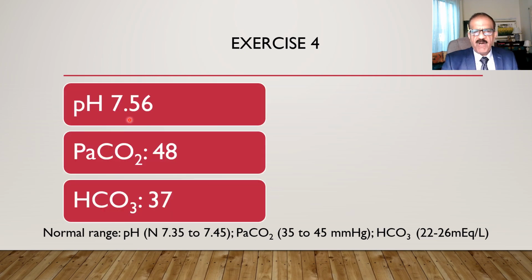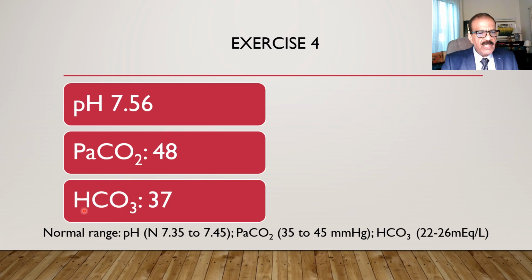pH of 7.54, PaCO2 of 48 and HCO3 is 37. pH is 7.56. Okay, that means alkalosis. PaCO2 48, it is slightly high, but this CO2 cannot cause alkalosis, it is acid.